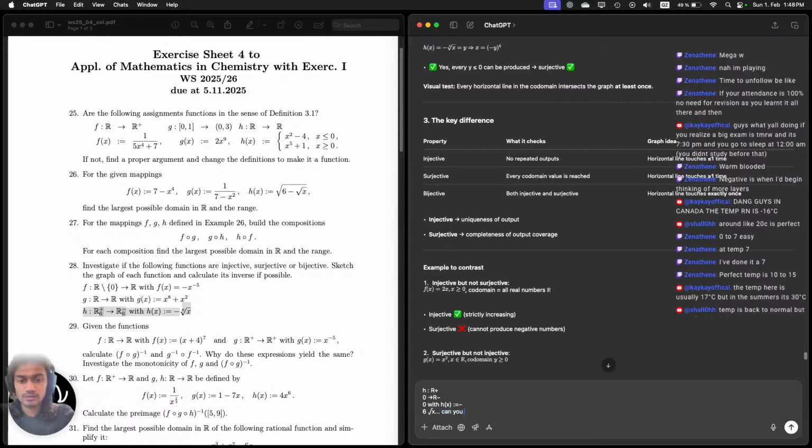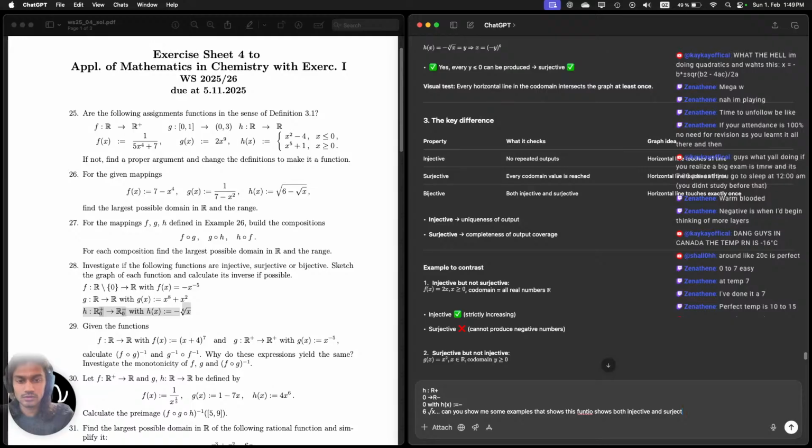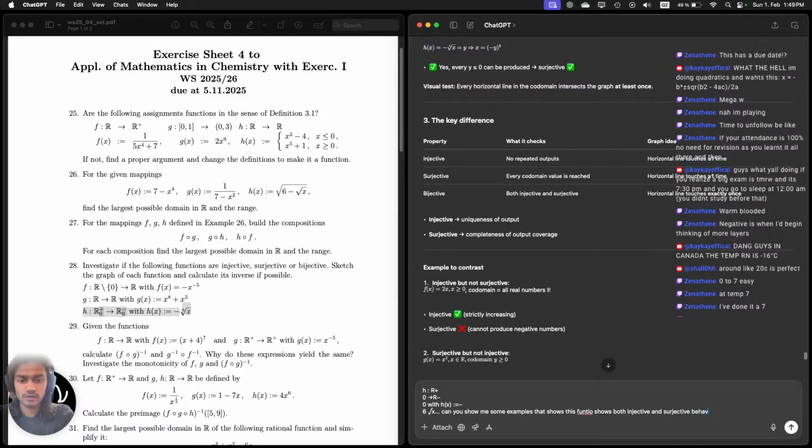Can you show me some examples that show this function is both injective and surjective? Surjective function. Surjective behavior.